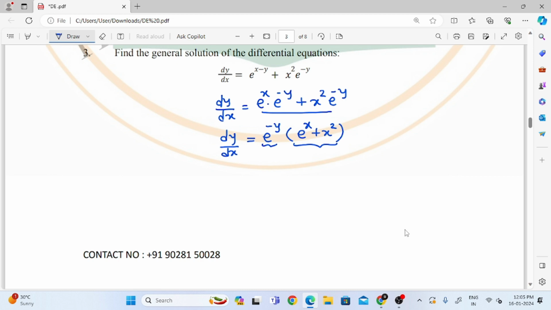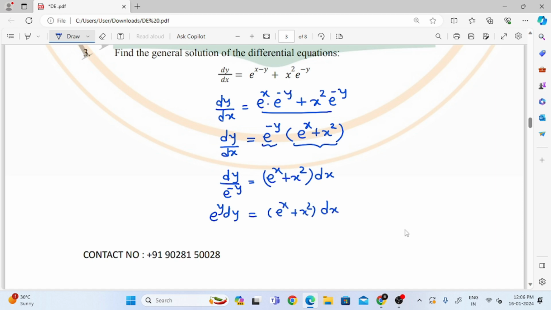If we take this e raised to minus y to the denominator, and take dx to that side, we'll get dy upon e raised to minus y is equal to e raised to x plus x square into dx. So the x term we have taken with dx, the y term with dy, and e raised to minus y in the numerator becomes e raised to plus y dy is equal to e raised to x plus x square into dx.